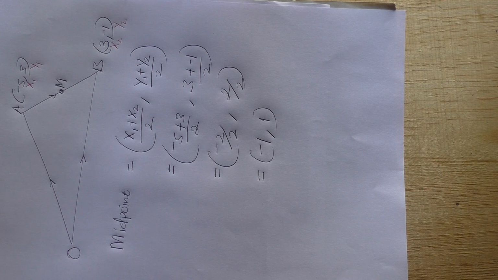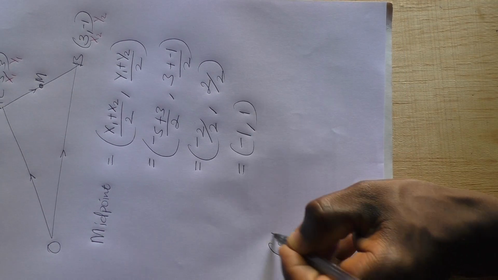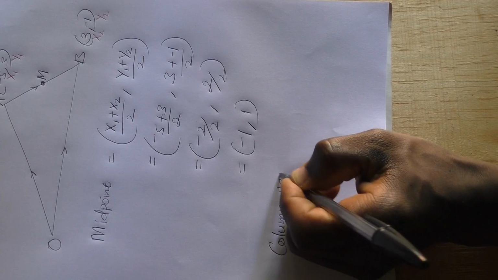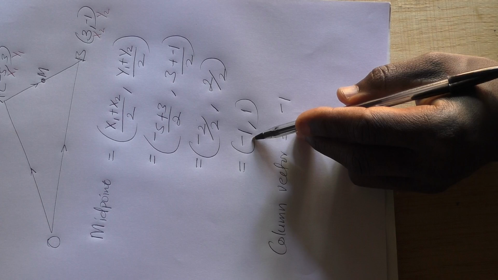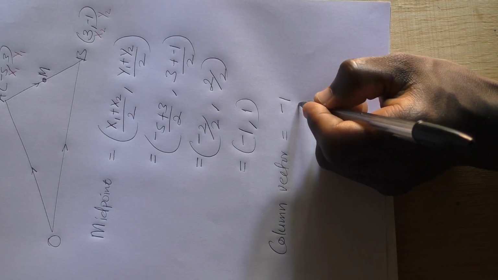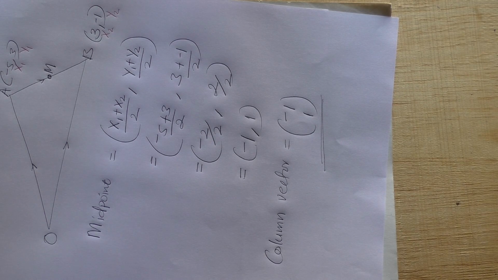Therefore, the column vector of the midpoint is given by negative 1 at the top, the x coordinate goes up and the y coordinate goes down. So we get negative 1, 1 as the column vector of the midpoint. That is how we shall get the midpoint of a vector.